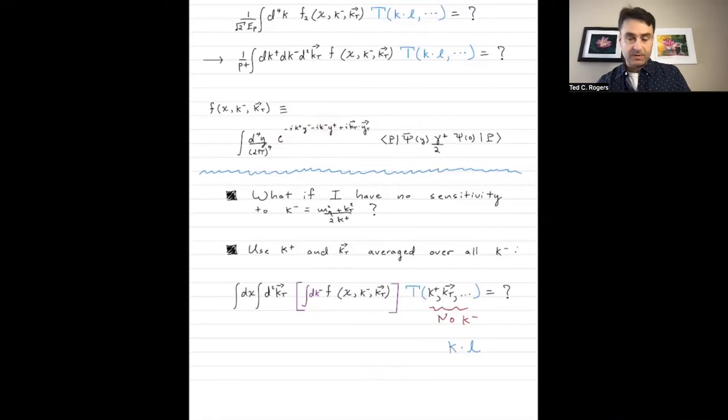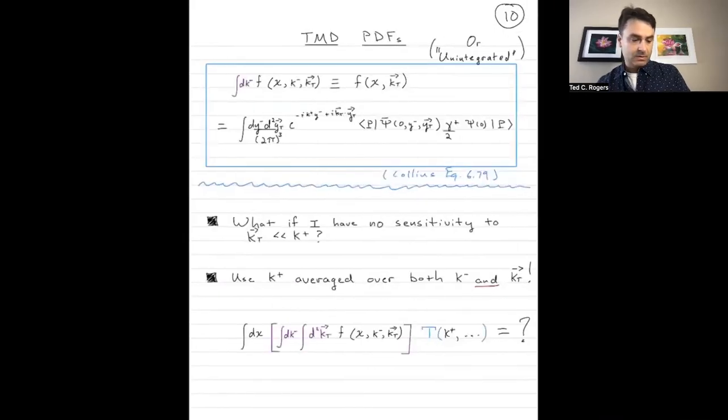It turns this part of the exponential into a delta function that sets y plus equal to 0 when I integrate over the y plus component here, right here, and gives me another factor of 2 pi. So all that happens when I integrate over k minus is I get rid of the integral over y plus up here. I get rid of 2 pi in the denominator here, and I set y plus equal to 0 everywhere else. So let's go ahead and do that.